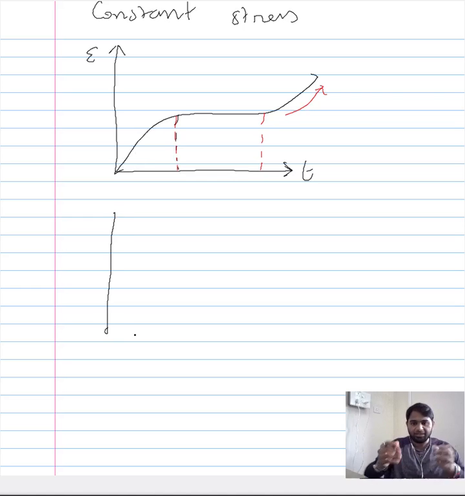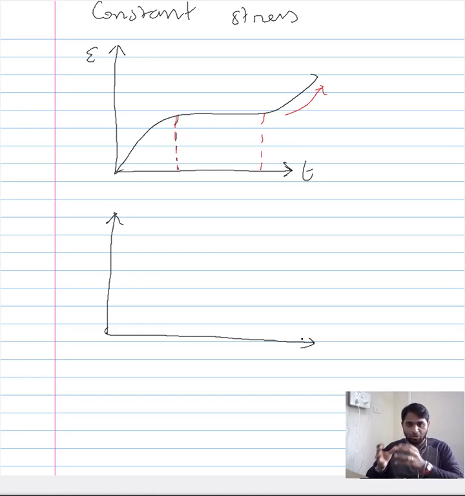So let us split this creep curve involving strain and time into different segments. When you consider the initial stages of creep, unlike tensile testing, where your load is increased gradually, in creep you will be imposing a sudden load of a definite magnitude.